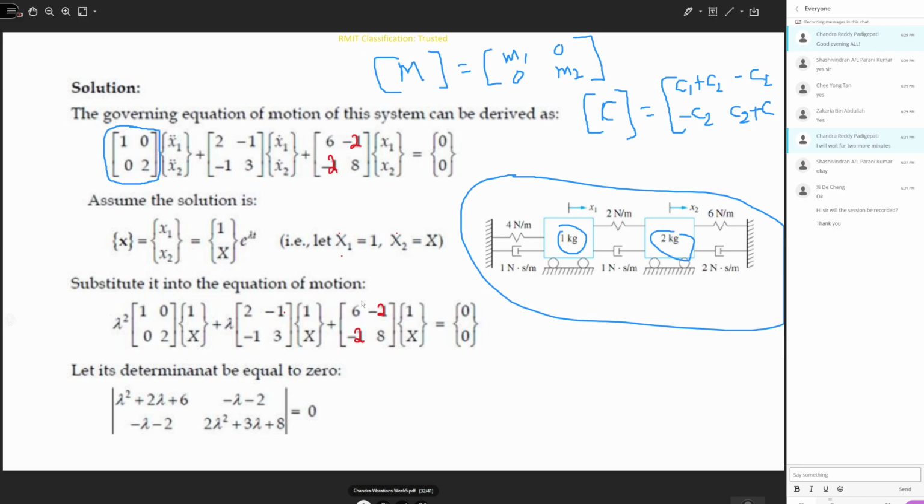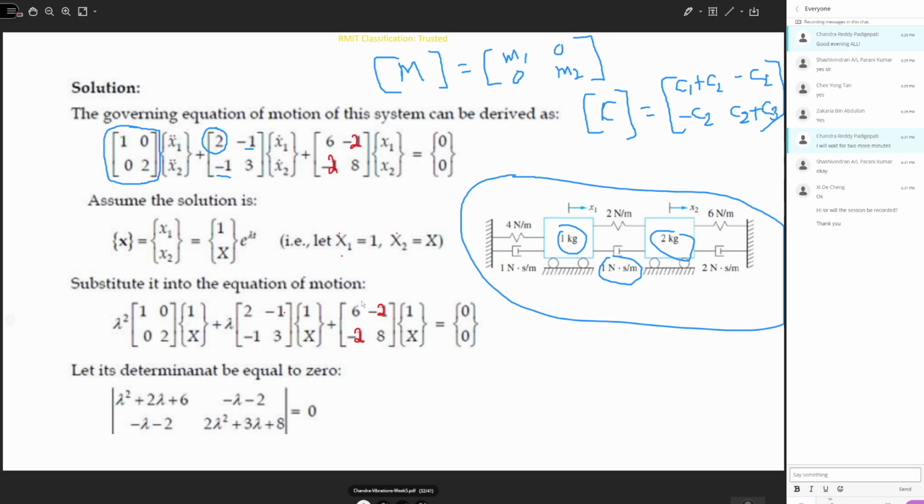Now we can write this based on the corresponding values. C1 is 1 and C2 is 1, so C1 plus C2 is 2. Then minus C2 is minus 1. Then this element is C2 plus C3.